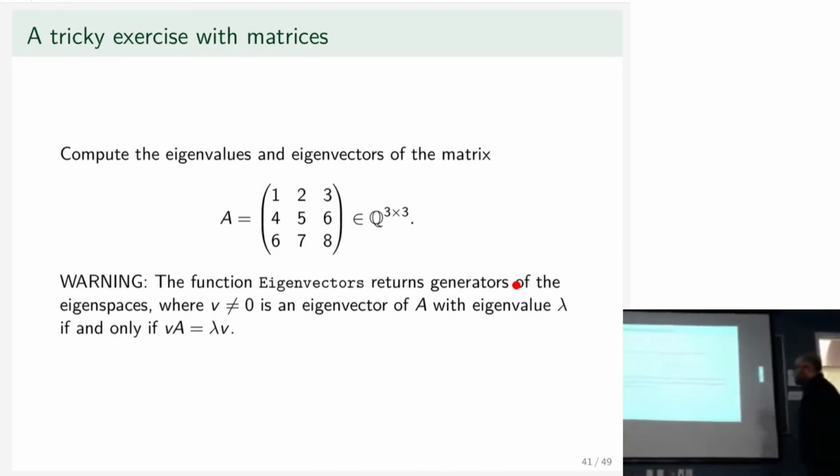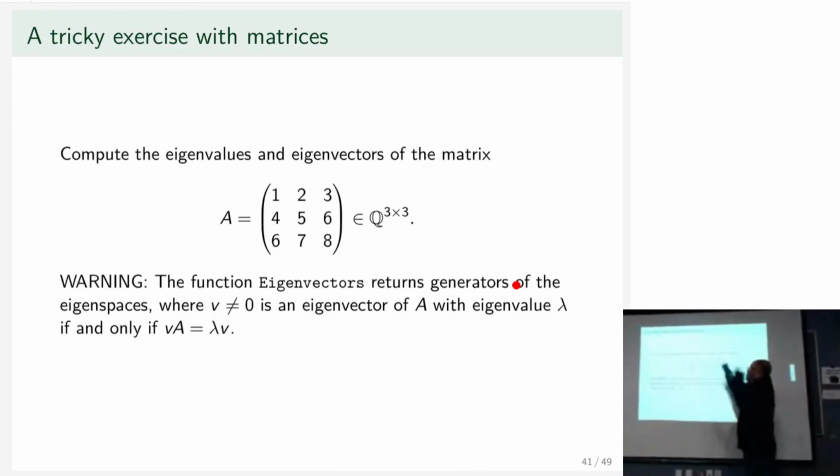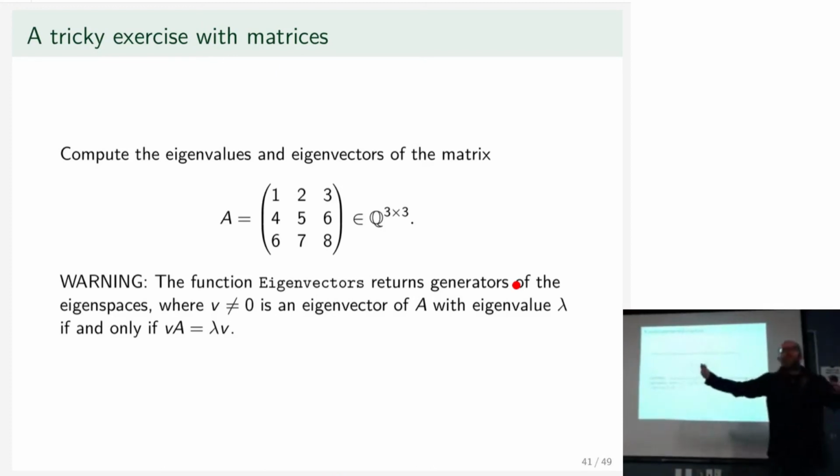I have this matrix, which is not a super interesting matrix, with rational coefficients, and I want you to compute the eigenvalues and eigenvectors of this matrix. What is the problem? It's pretty clear that if you just search for this function, you will find eigenvalue as a function and eigenvector as a function. The problem, again, is that GAP is acting on the right.